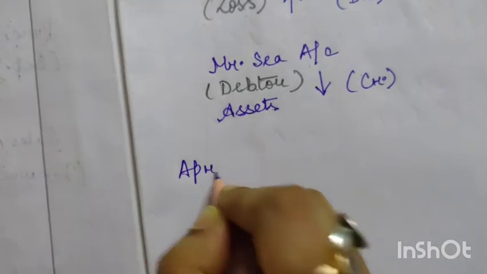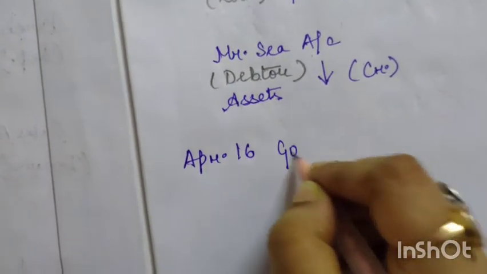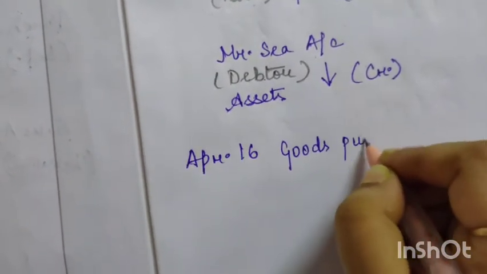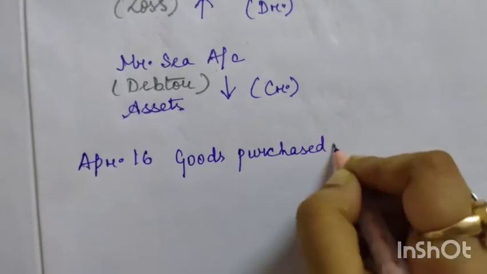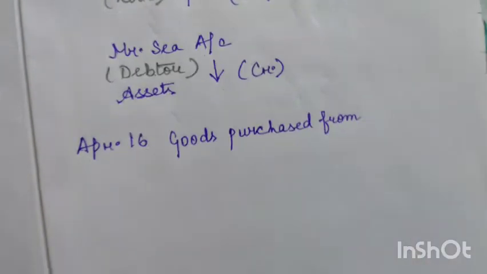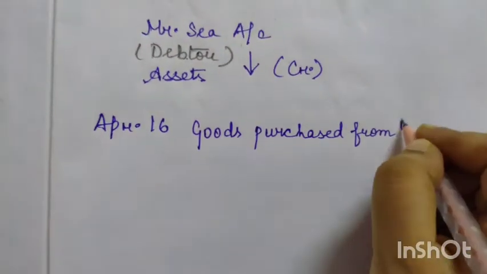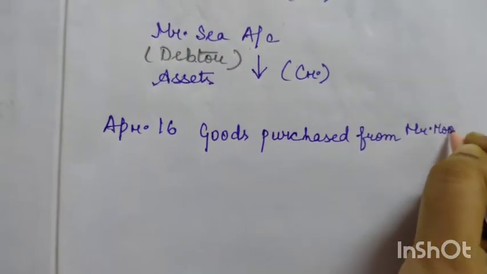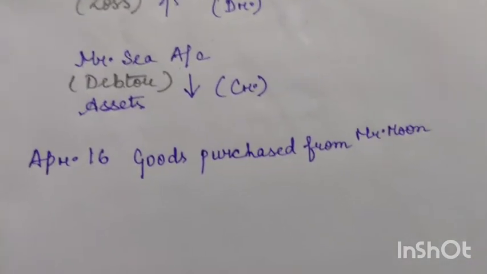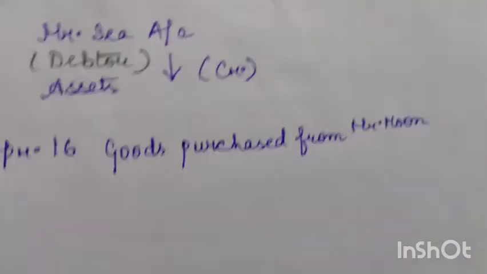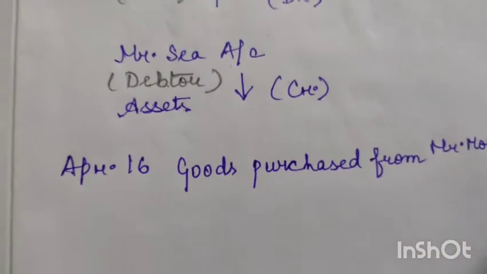So we can see here April 6, goods purchased from Mr. Moon. Okay. How much goods we have purchased from Mr. Moon? We have purchased goods of 6,000.